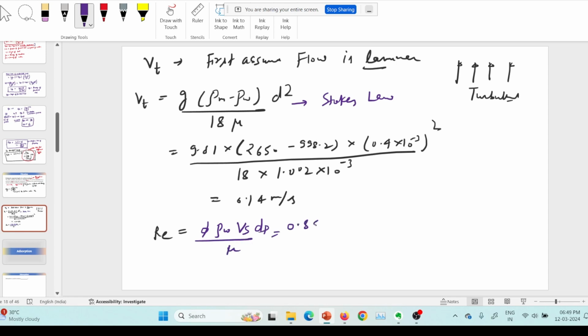Phi was 8.5 given, density was 998.2, and filtering velocity was 1.39 times 10 to the power minus... it was filtering velocity. So it will be this much.